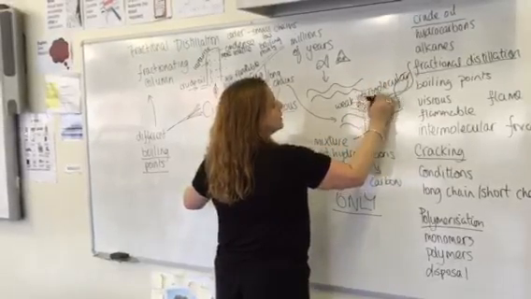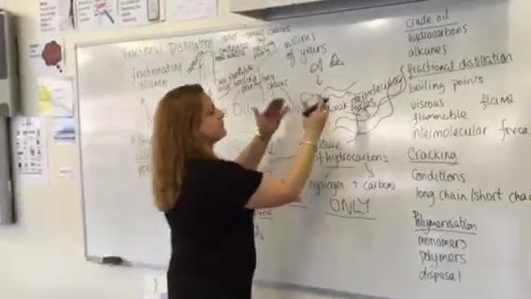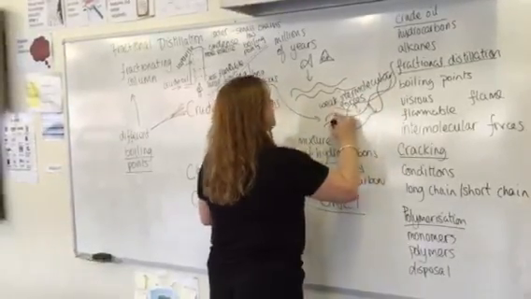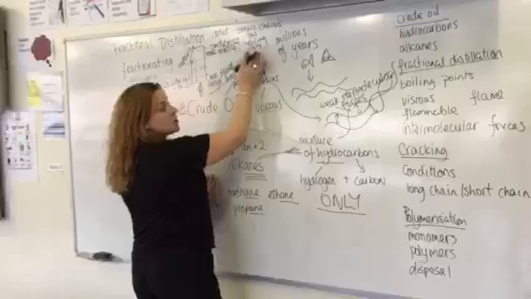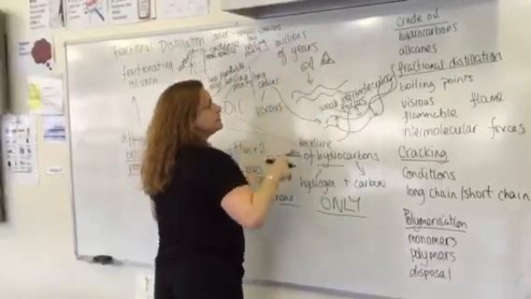Now, it's the weak intermolecular forces that give them the high boiling point. There is far more of them in a long chain than there is in the short chains. So short chains have got far fewer, therefore they are easier to get to boiling point.